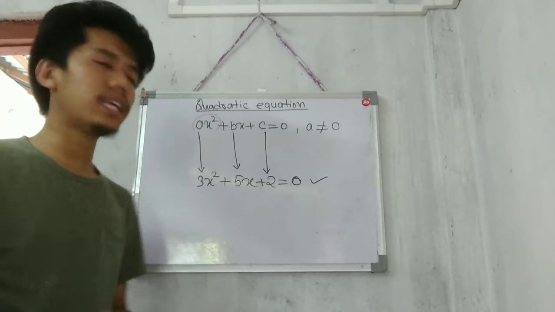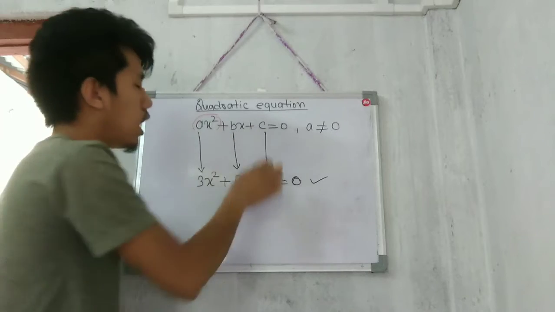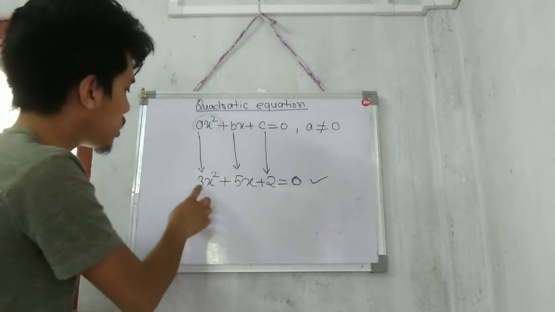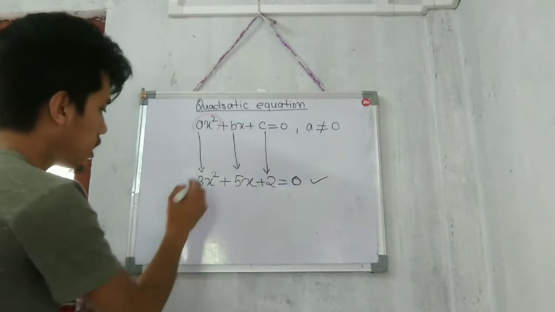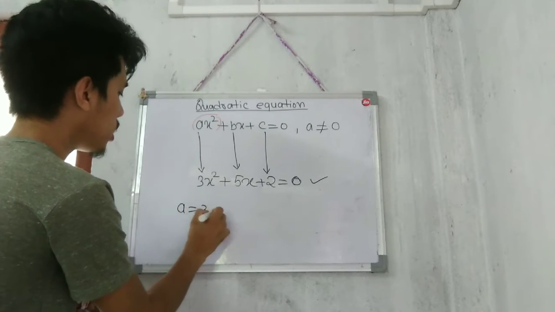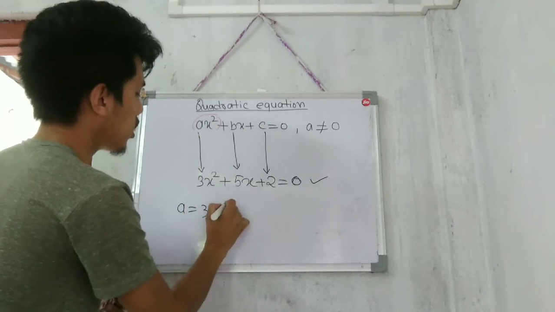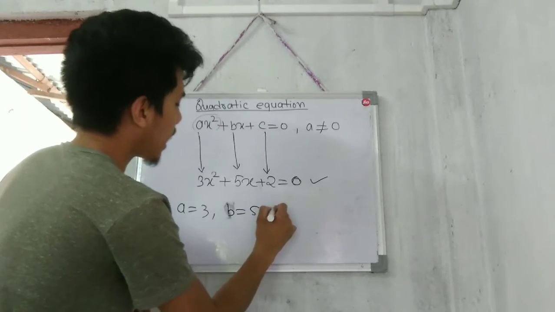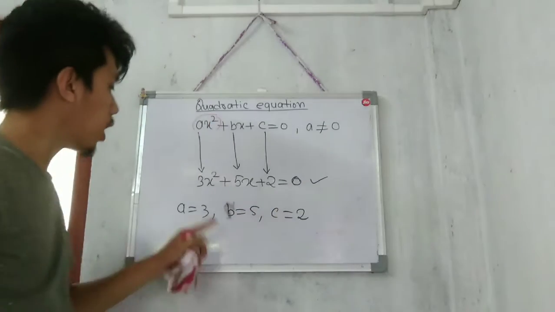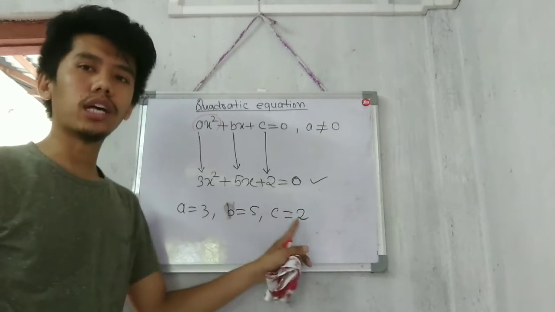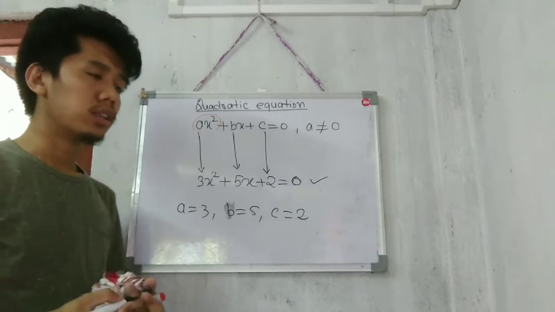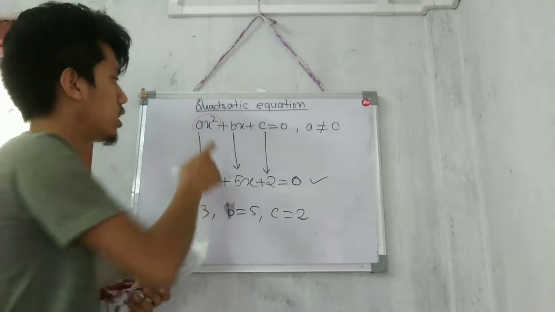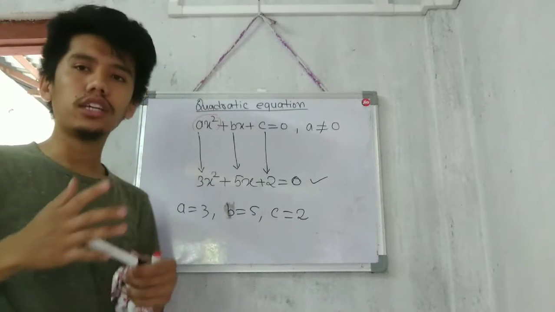Just now I said these a, b, c are real numbers. And you see what we have here: a means 3, b means 5, and c means 2. And these numbers are all real numbers. That is why I said earlier that here a, b, c are real numbers.